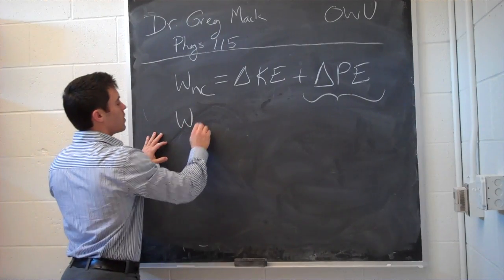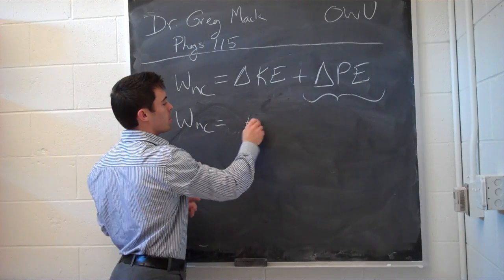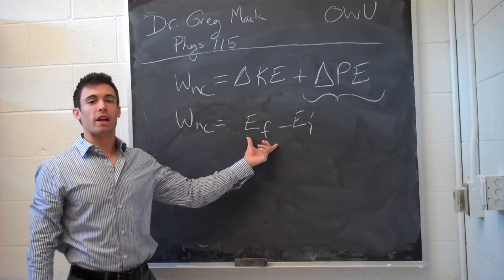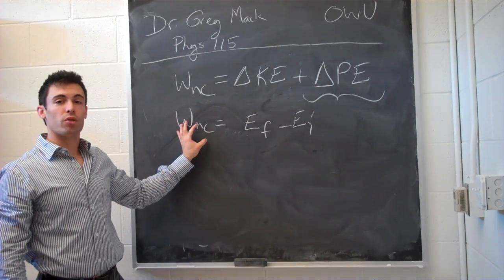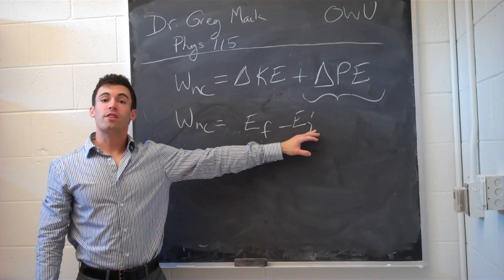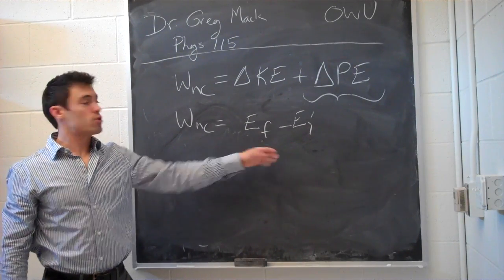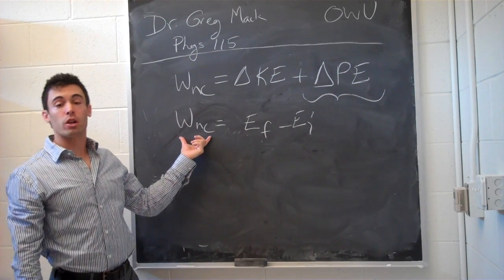So, W_NC is equal to, if you write this out, the final energy minus the initial energy. If W_NC equals 0, then the energy final equals the initial energy. If it doesn't, then the difference here in energy is due to the work done by some non-conservative force, whether it be negative or whether it be positive.